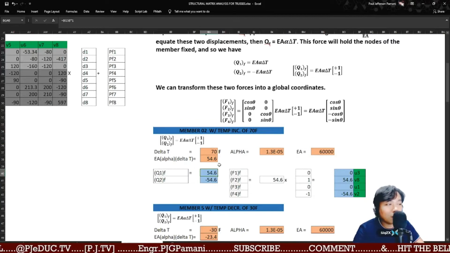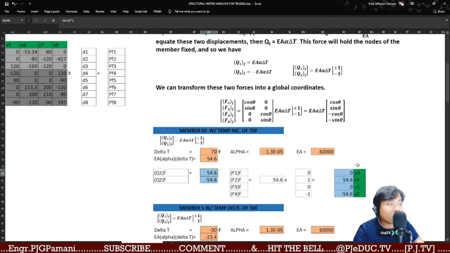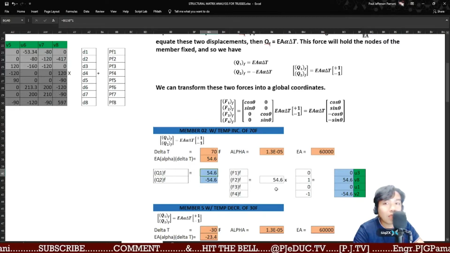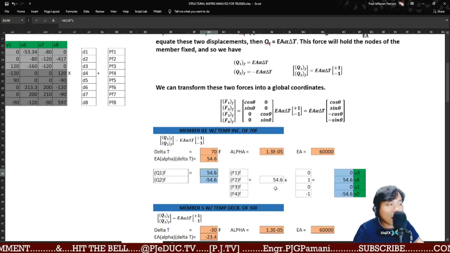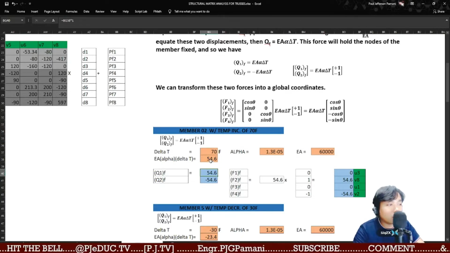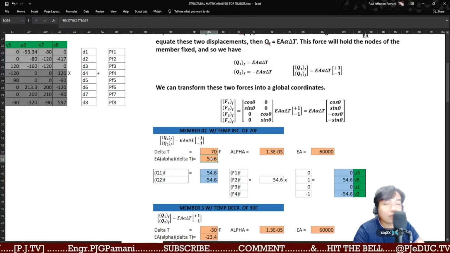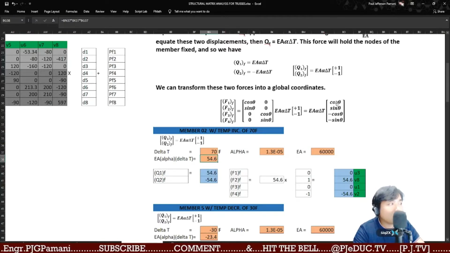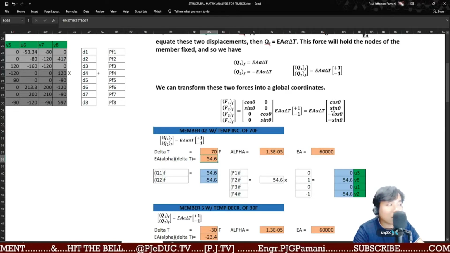Then we'll have to convert this one with its global coordinate system following the designated near far node coordinates for member 2. How are we going to do that? Multiply the EA alpha delta T, which we have computed here, with cosine theta, sine theta, negative cosine, and negative sine theta matrix as shown.